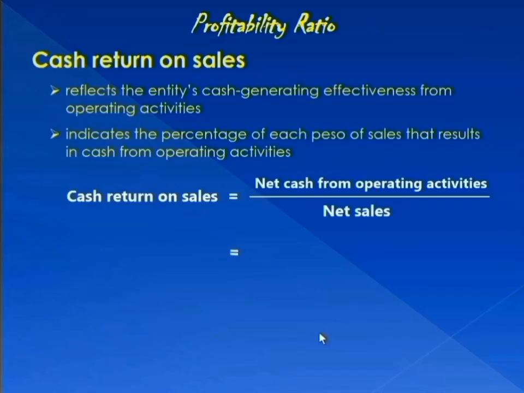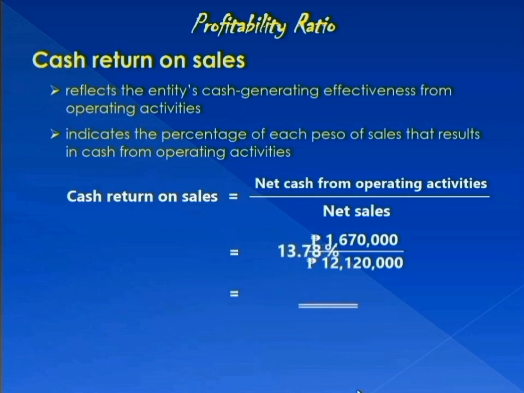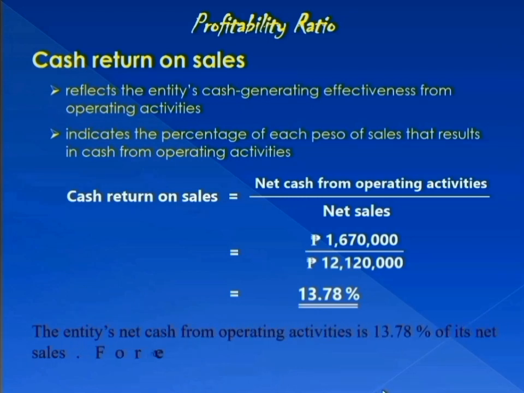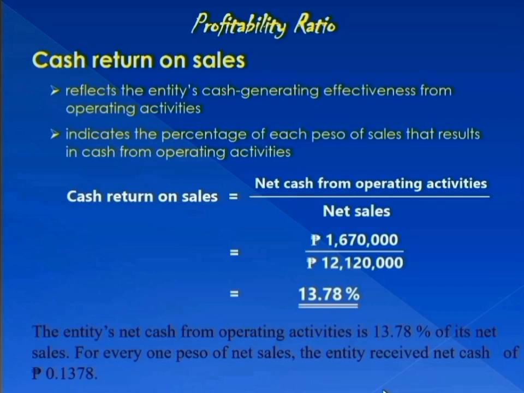Its cash return on sales, therefore, is 13.78%, which means that the entity's net cash from operating activities is 13.78% of its net sales. Stating it in other words, for every peso of net sales, the entity received net cash of about 14 centavos.